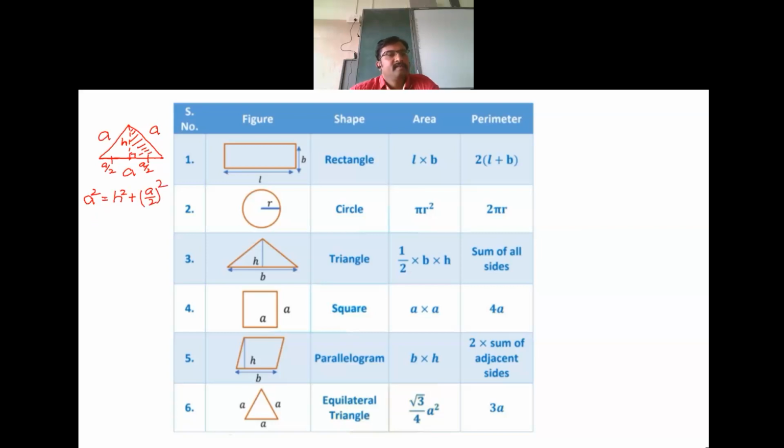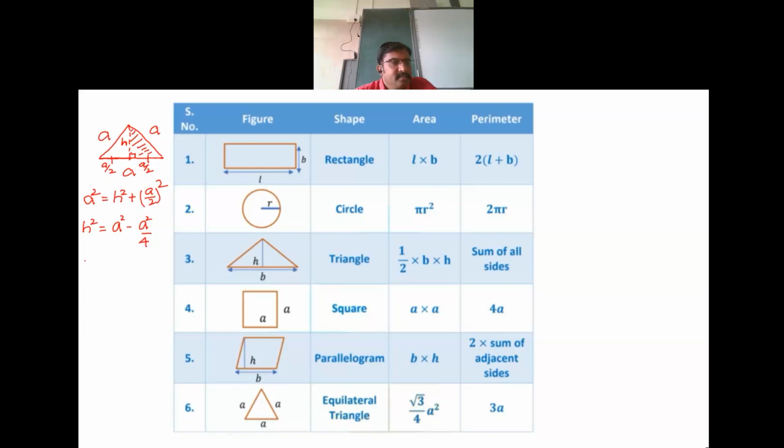Clear? I am using Pythagoras theorem. Square on the hypotenuse will be equal to sum of the squares of the remaining two sides. From this equation, I can find out h square, which will be a square minus a square by 4.